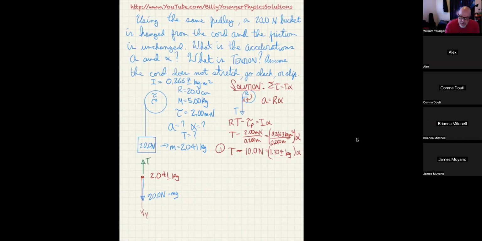So the summation of the forces in the y direction equals mass times acceleration in the y direction gives me, in fact, 20.0 newtons minus T is equal to, notice, by the way, that the torque due to the friction is not included on this, because on the left-hand side, you could think of it as acting upward, but on the right-hand side, you could think of it as acting downward.